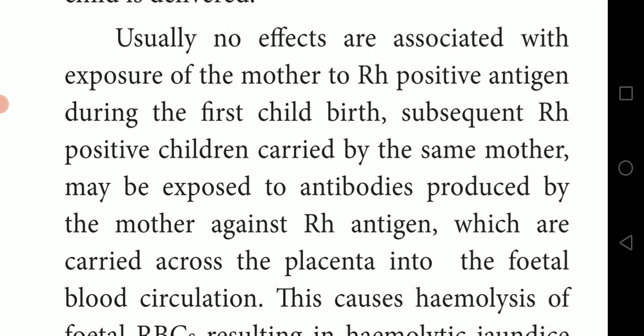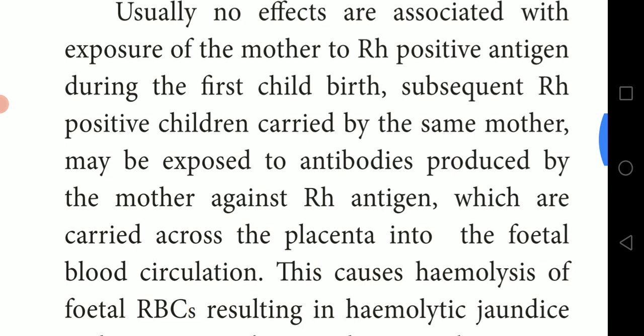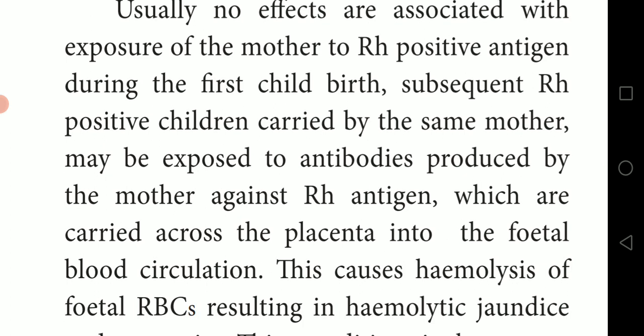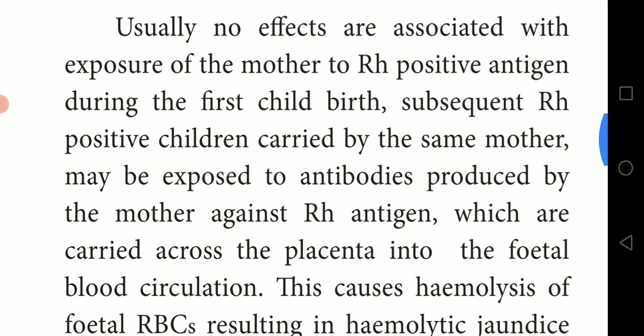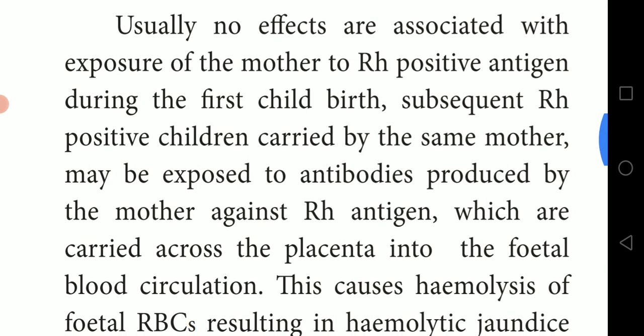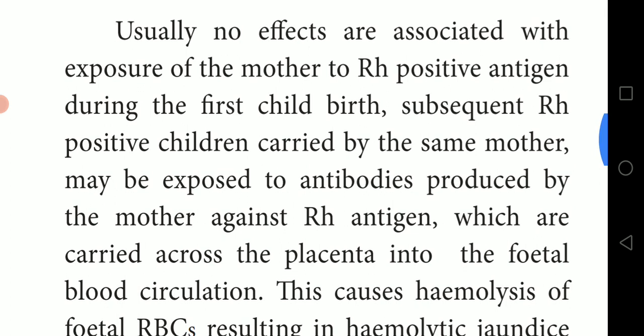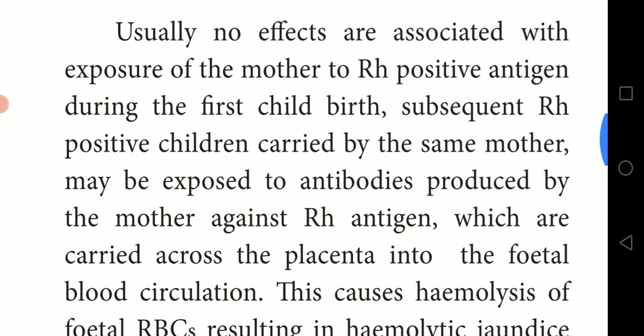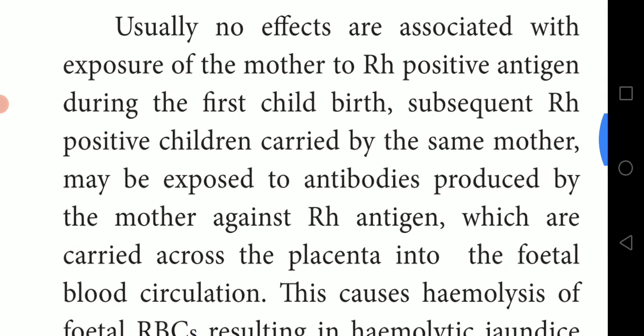Subsequent Rh positive children carried by the same mother, meaning the next child, the second child, also being Rh positive. The same incidence: the first child is born, then after a few years, a second baby is conceived by the same mother.